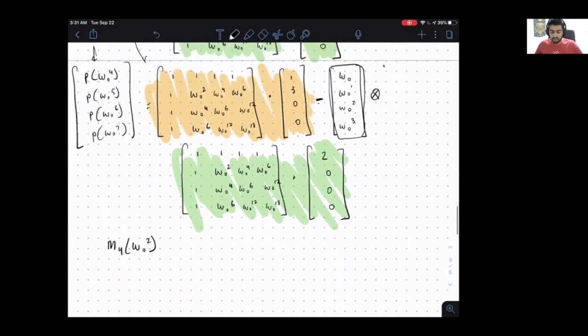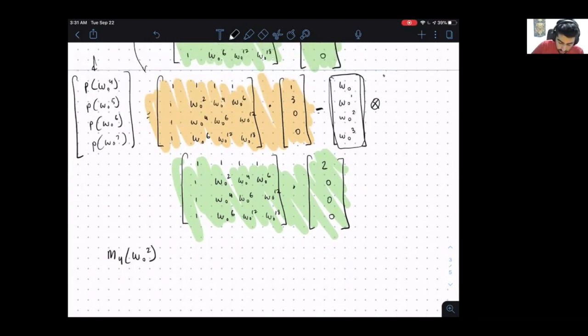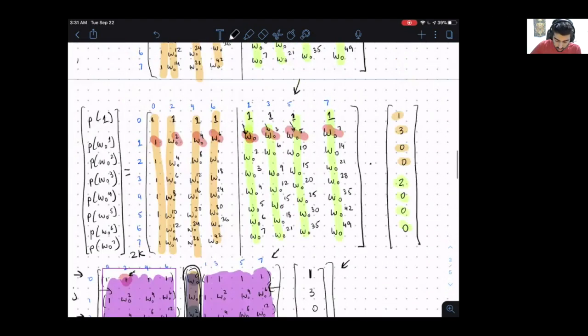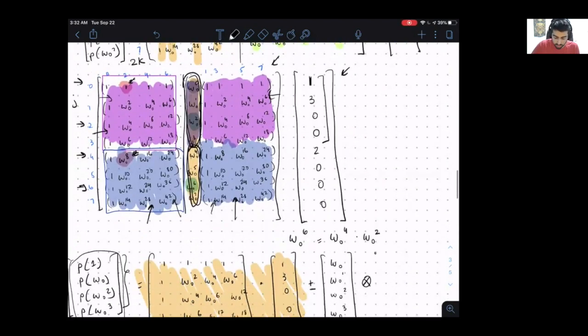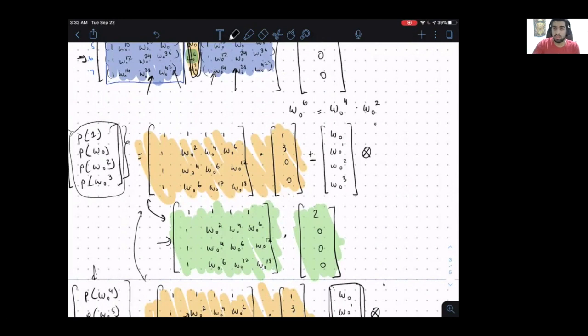And why is that? Well, note that each term of this matrix is just what we would get with the original omega naught matrix, omega naught squared, omega naught cubed, omega naught to the fourth, and so on, except each term is just multiplied by 2.